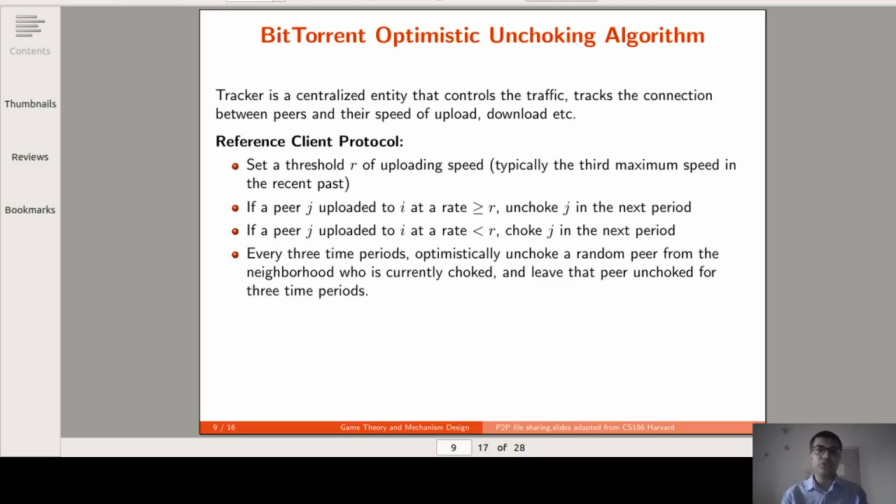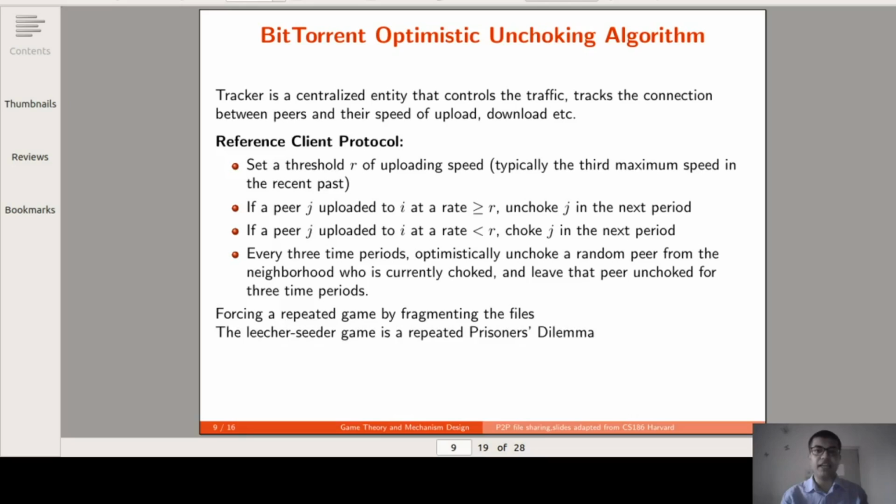Using this optimistic unchoking, the users will start downloading these files, and whenever they have some content with them, they will come back to the scenario where they are also uploading at a higher rate. So this is forcing a repeated game by fragmenting the file, and the game is a repeated prisoner's dilemma, or neighboring kingdoms' dilemma game. And the strategy for it, which is a known protocol for the repeated prisoner's dilemma, is tit for tat.